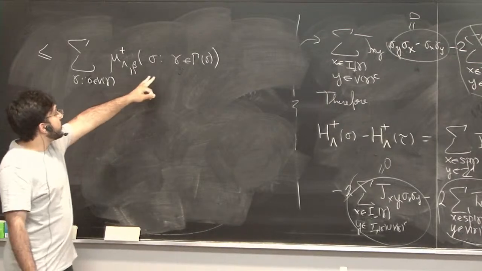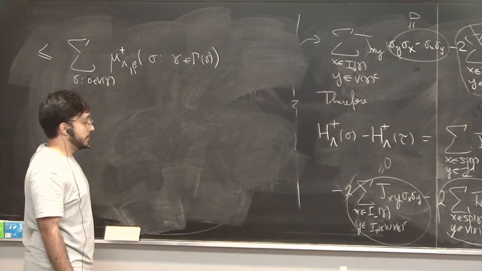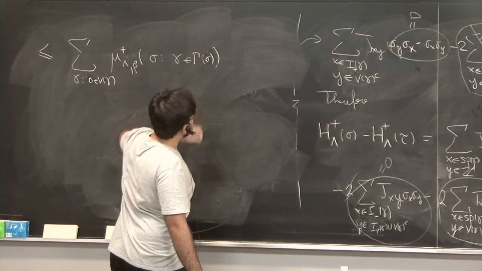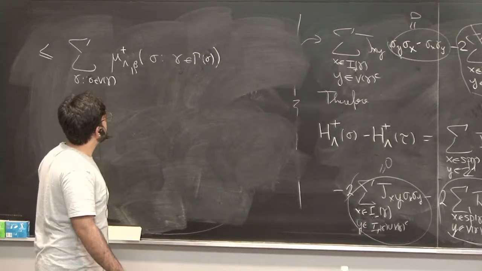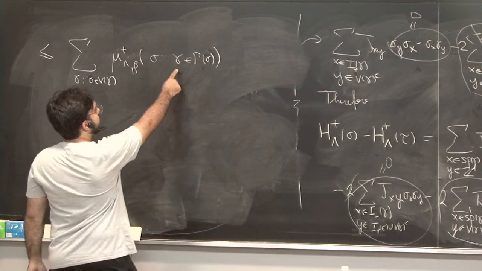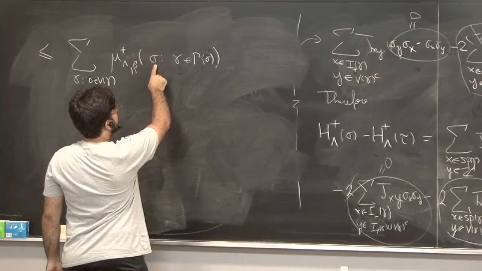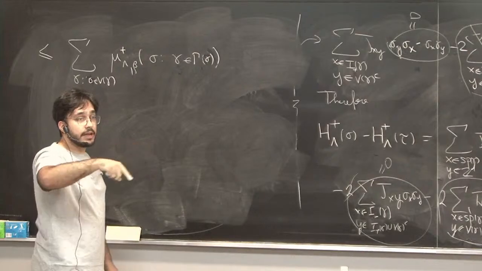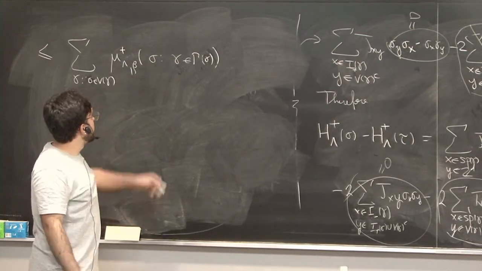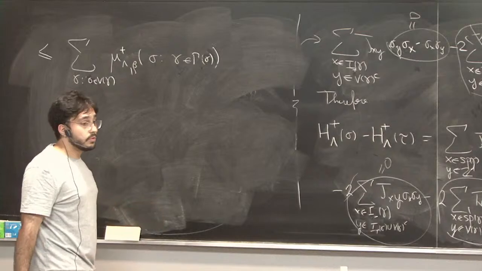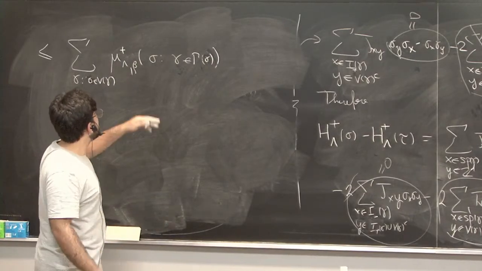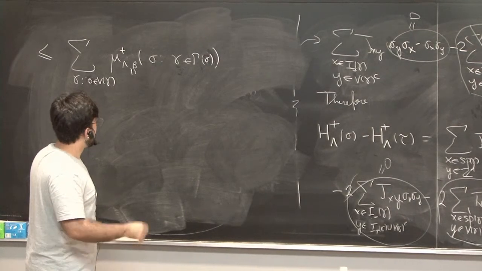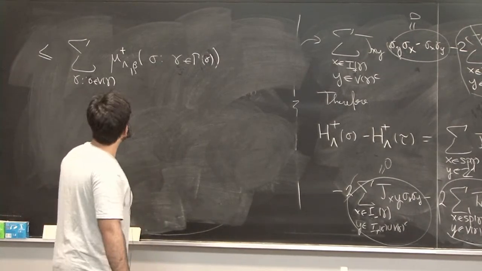You can check that this is indeed a measurable event, because a contour carries the information, so to know whether a configuration sigma has gamma as one of its contours, you just need to check the configuration inside gamma. Okay.